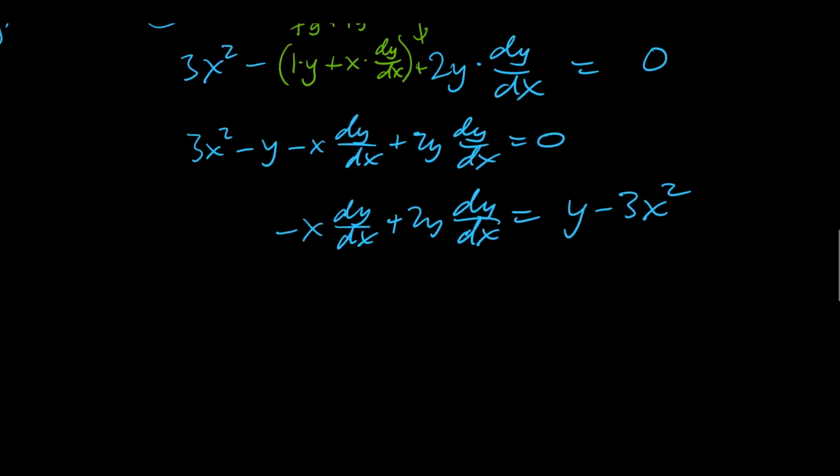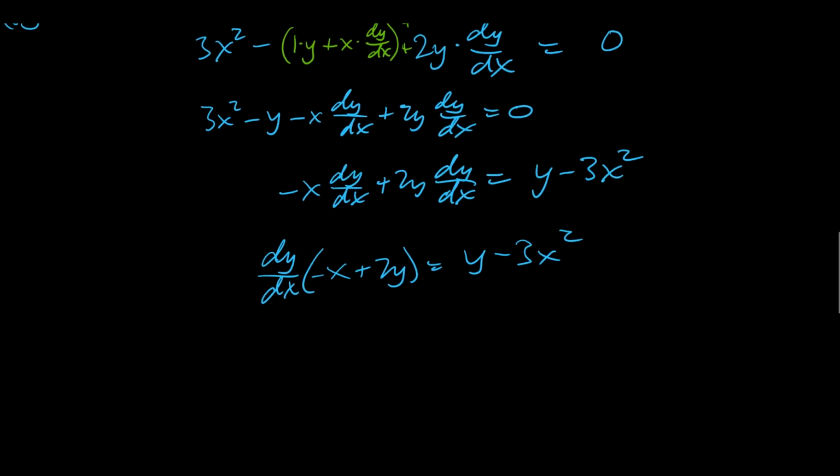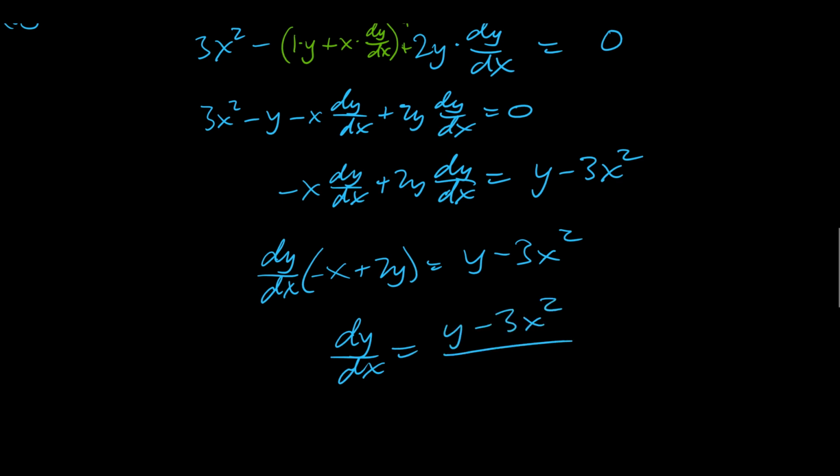So now we can take out the dy dx, and we get negative x plus 2y equals y minus 3x squared. And now we want to solve for dy dx, so we're going to divide both sides by negative x plus 2y. We get dy dx equals y minus 3x squared over negative x plus 2y. It might be easier to write it as y minus 3x squared over 2y minus x. And there you have it.